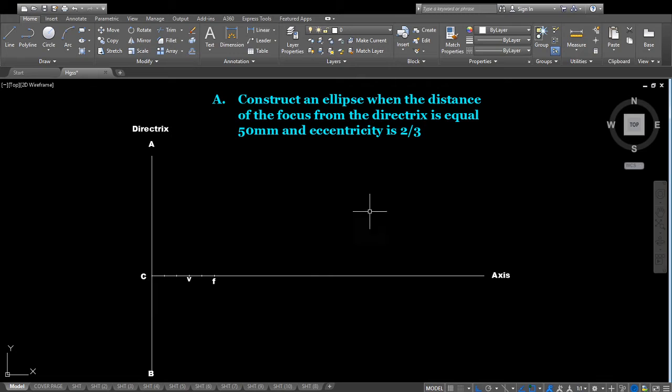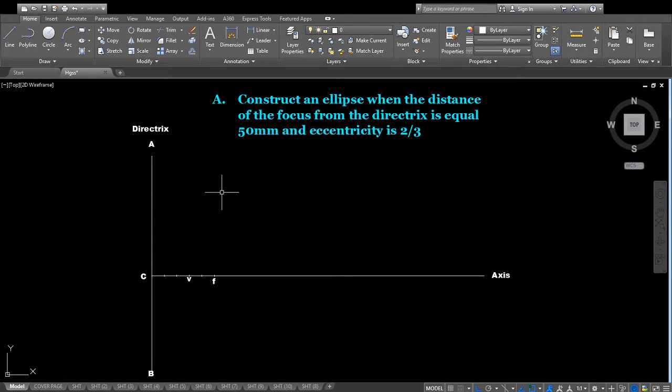In this case, we don't know what the major axis is, we don't know what the minor axis is. We're only given two data here: the distance of the focus from the directrix and the ratio of the eccentricity, which is 2/3.